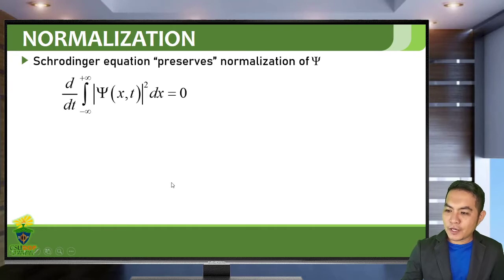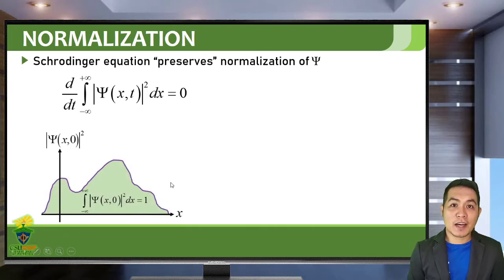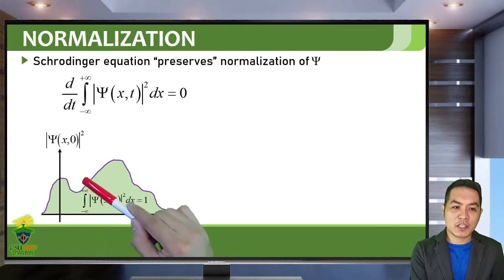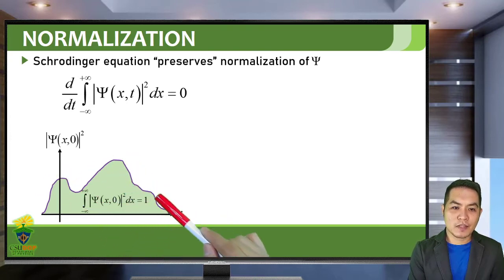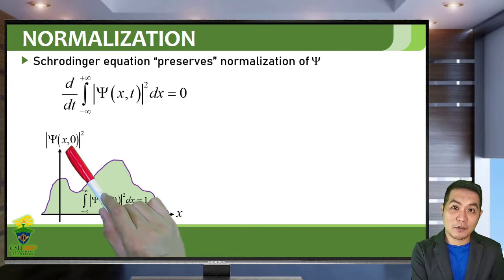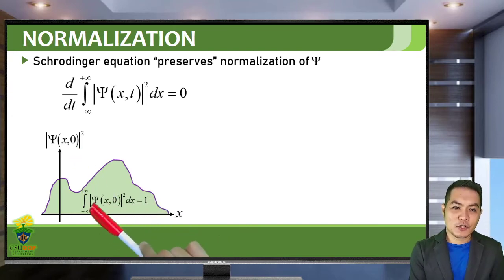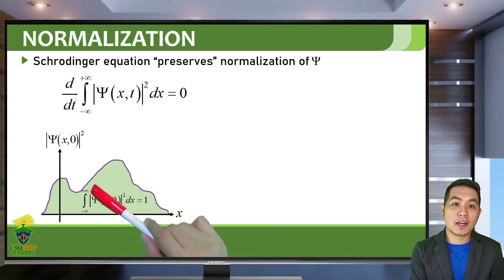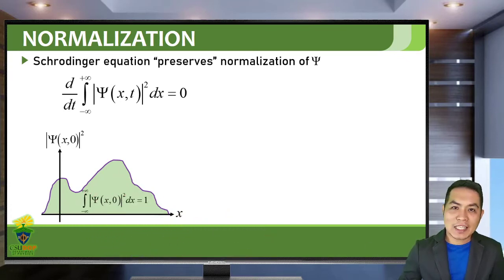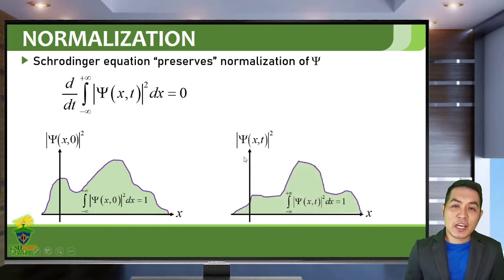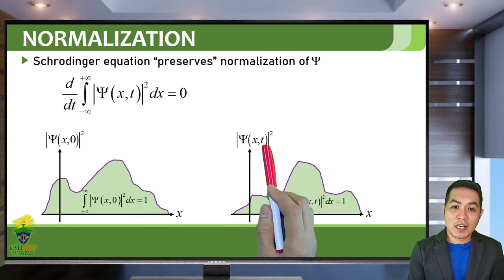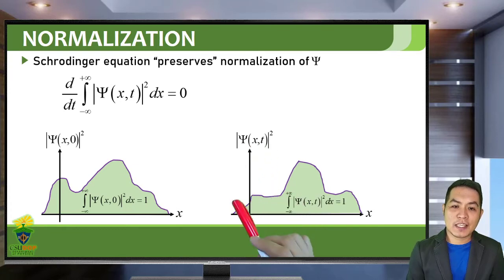For instance, this is the shape of your probability density distribution, absolute value of psi squared at time equal to 0, the initial wave function. You normalize it, so the total area under the curve is now 1, meaning 100% probability. At a later time, the shape of the wave function may change, therefore the shape of the probability density, which is absolute value of psi squared, may also change.